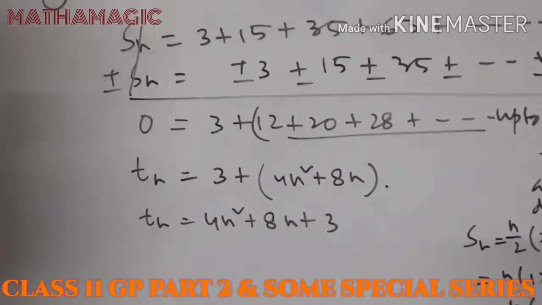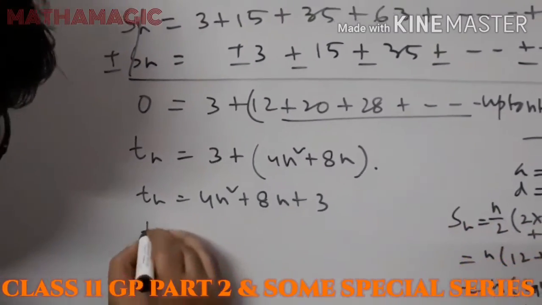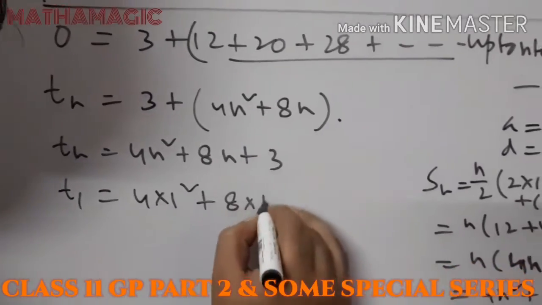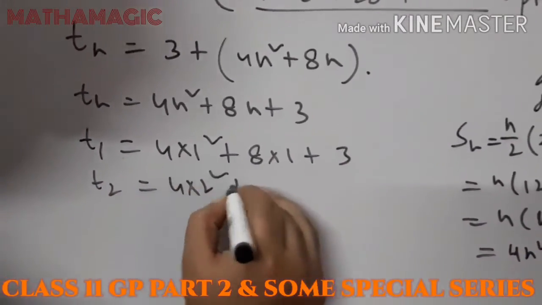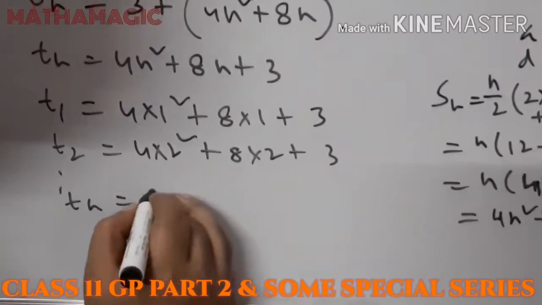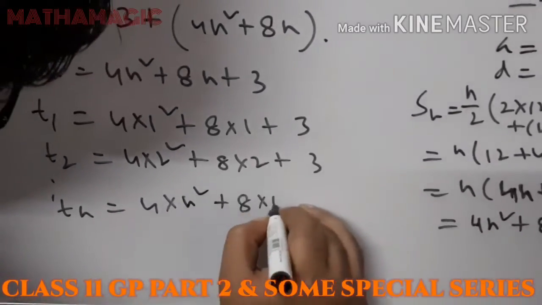Now follow the same procedure whatever we have applied in the last sums of the special series. So T1 equals 4 into 1 square plus 8 into 1 plus 3. T2 equals 4 into 2 square plus 8 into 2 plus 3. So it will go on like this. Tn equals 4 into n square plus 8 into n plus 3.